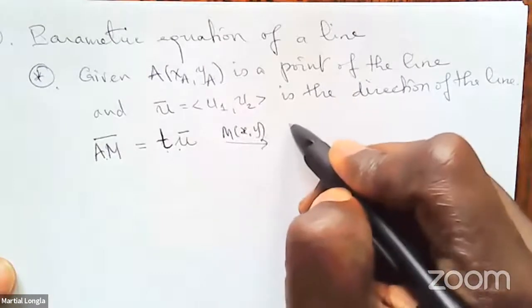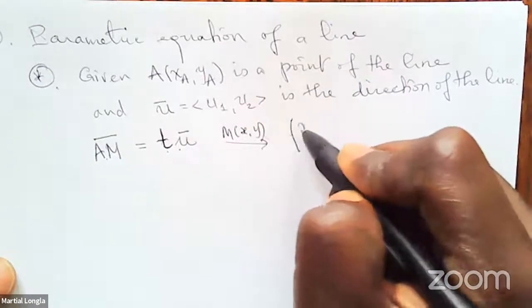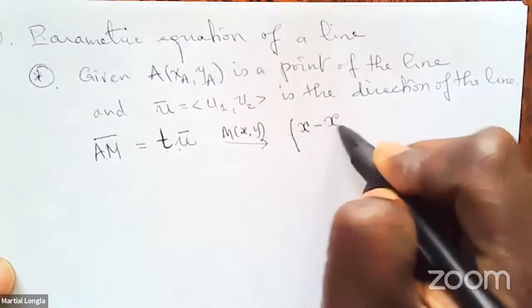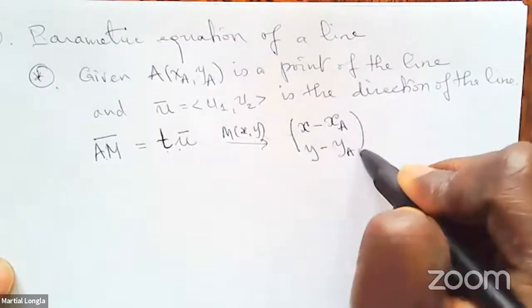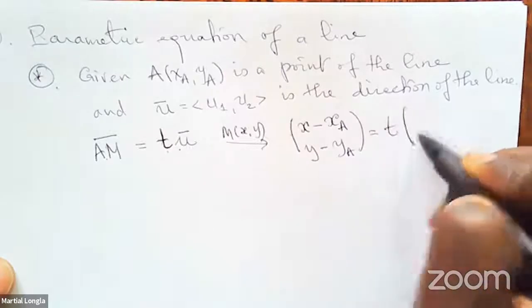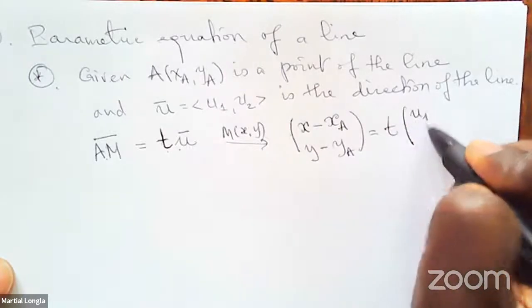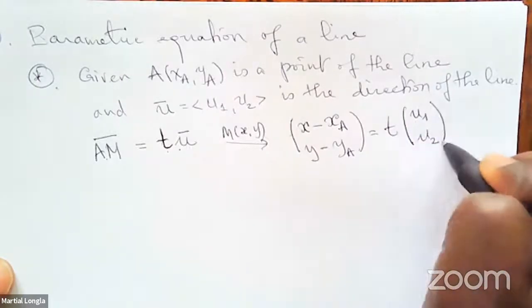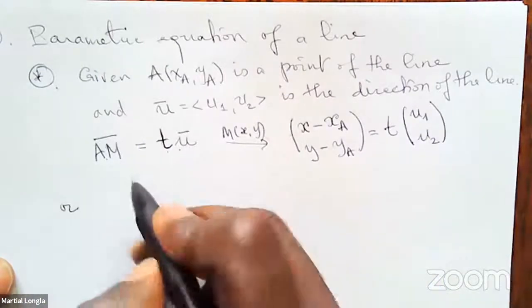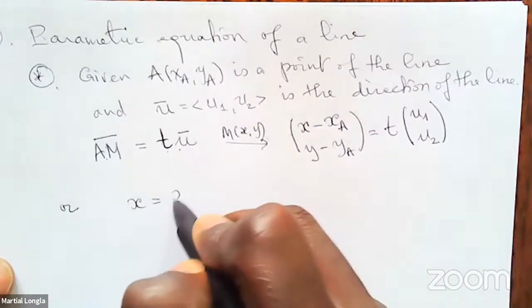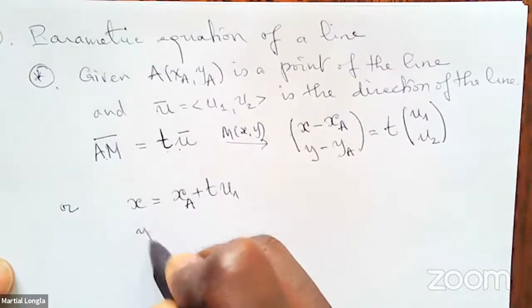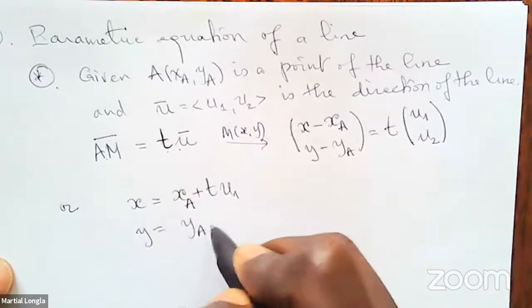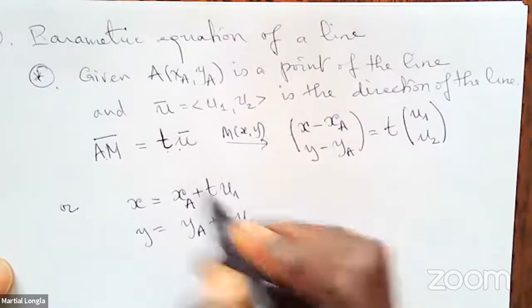This can be written as (x minus xA, y minus yA) equals t times (u1, u2), or x equals xA plus t u1, y equals yA plus t u2.